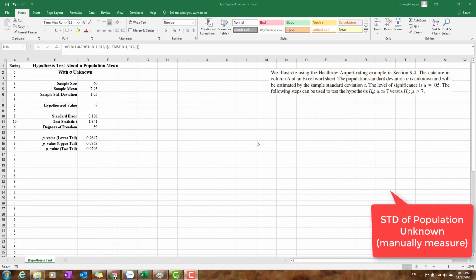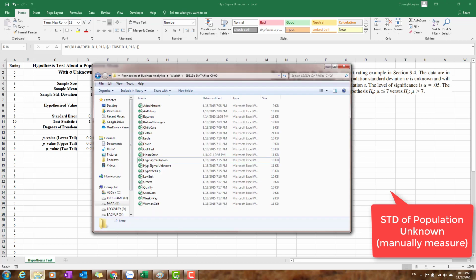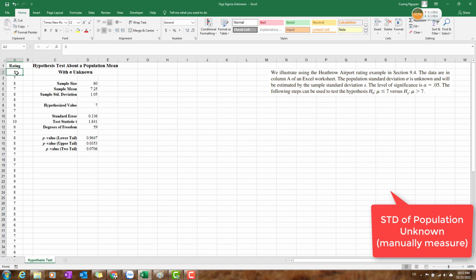Okay, second of all, I will illustrate the case in which we don't have any idea or historical assumption about the population. That means sigma is unknown, and we use another data set, hypothesis sigma unknown, and we see all the data like this one.